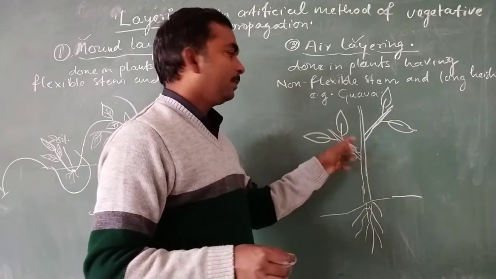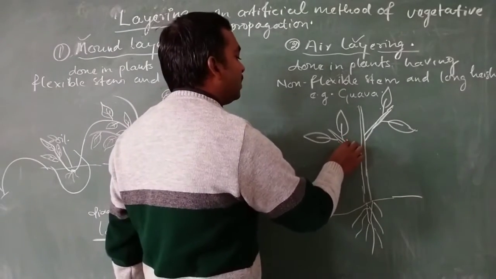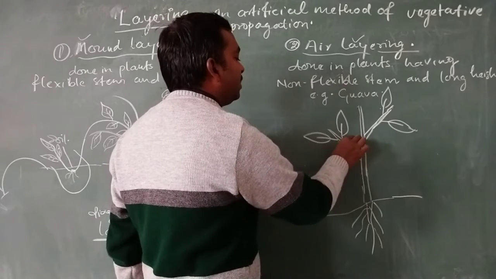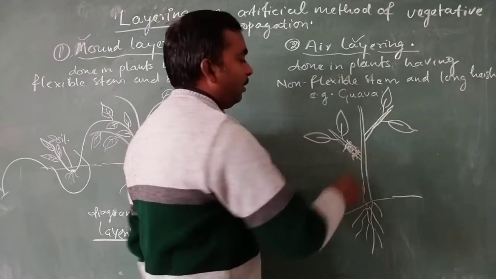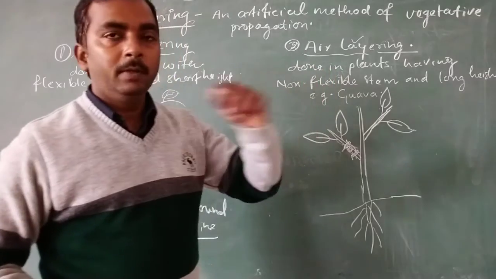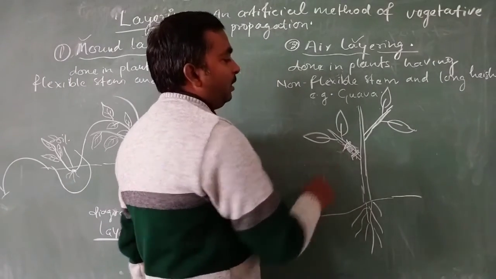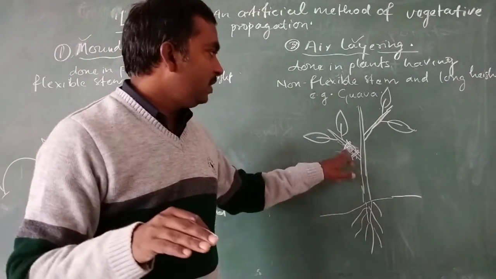So after putting the highly moist material, we cover it with plastic sheet and then we bind both ends of this layer where we do the process of layering. So after binding we observe rooting in this region.